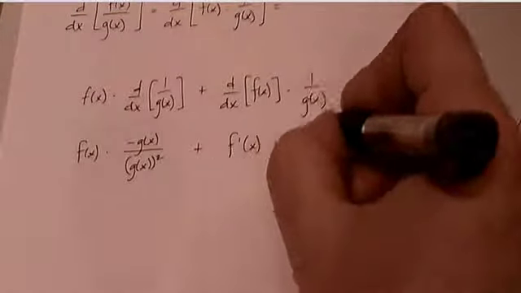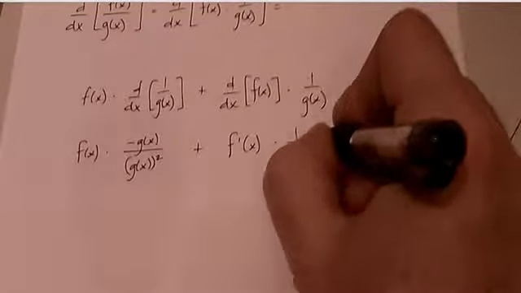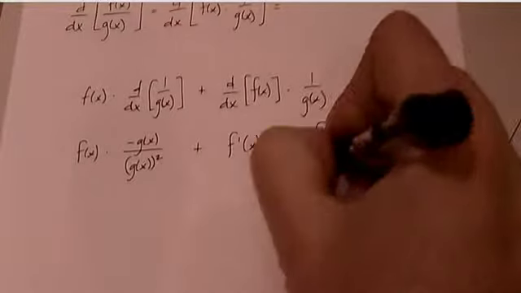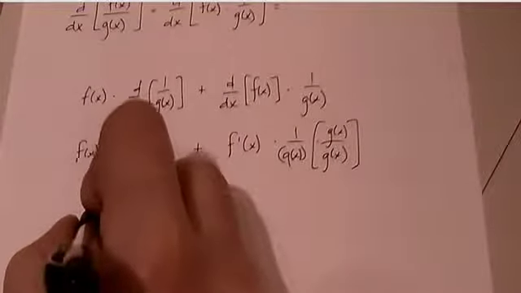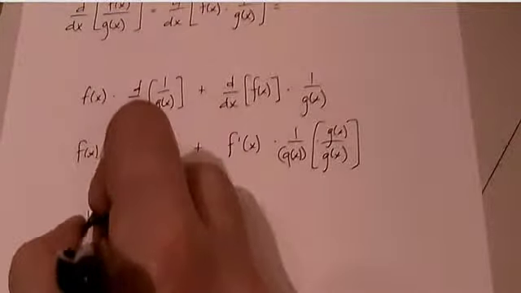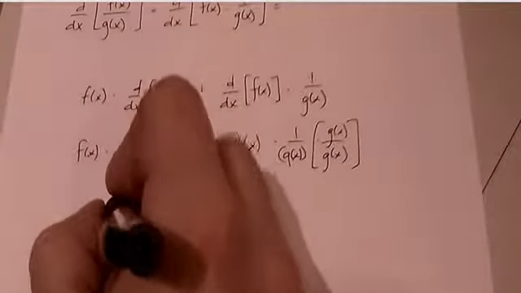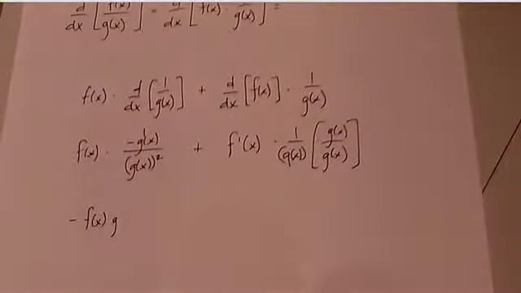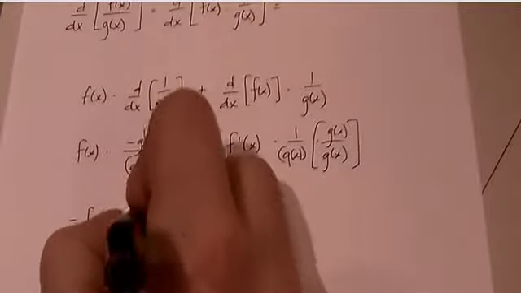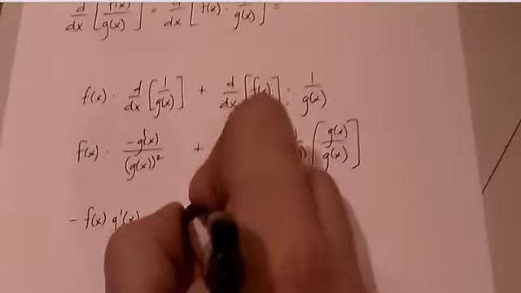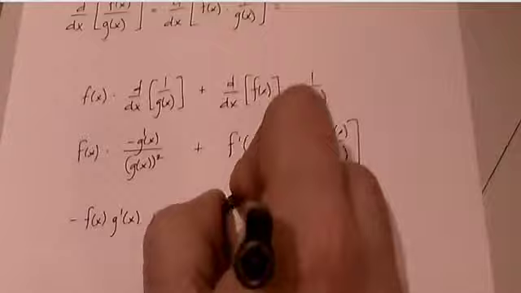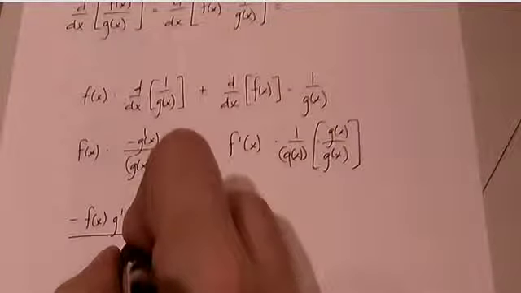So this one needs to be multiplied by g of x over g of x, right, in order to get a common denominator. And I have negative f of x, sorry, this needs to be a prime up here in that numerator, g prime of x plus f prime of x times g of x, all of that over g of x squared.